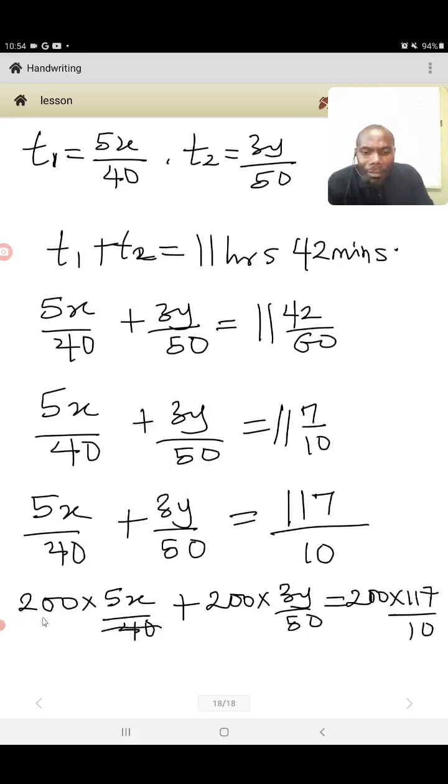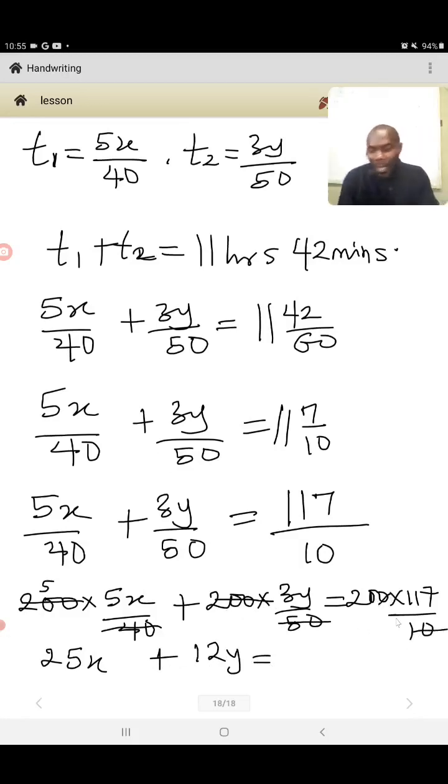By the time this cancels, it gives you 5, so 5 times 5 making 25x, plus 12y, is equal to 20 times 117, which gives you 2340. So this is equation 2.